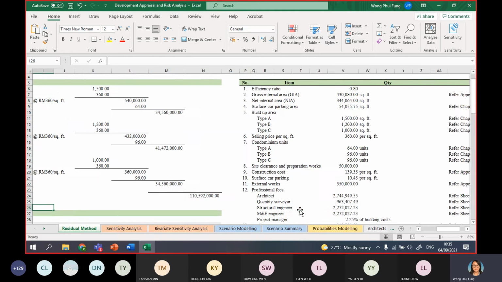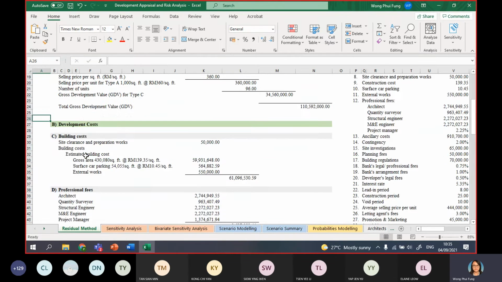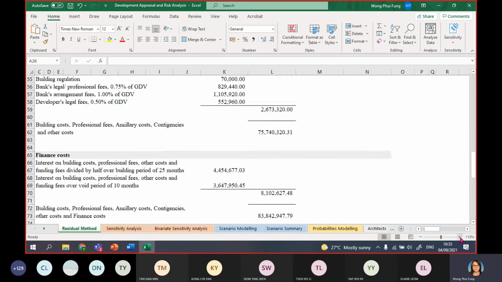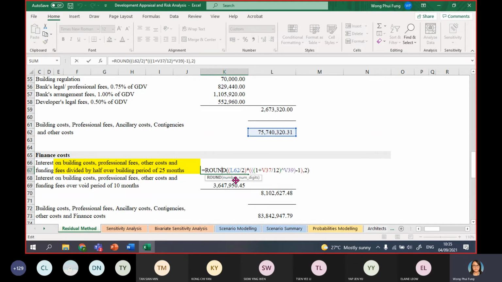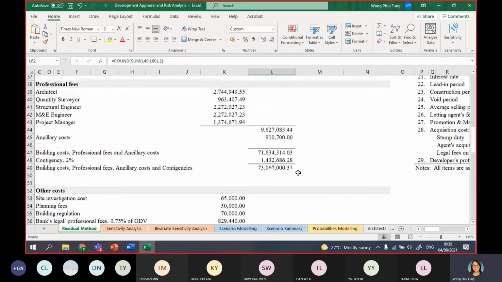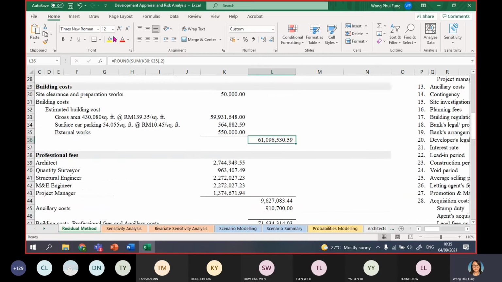So the calculation for the funding cost, this one, some of you already got it wrong. This should use the figure 75 million. But some of you didn't use this figure, you used this other figure.